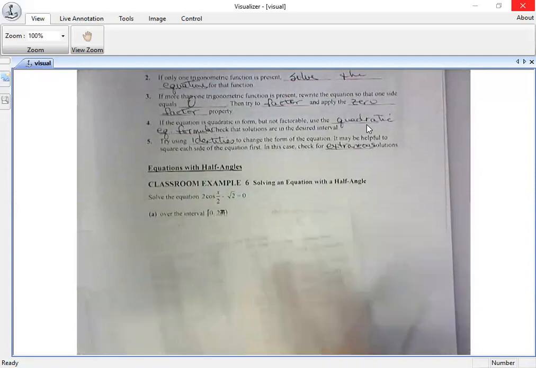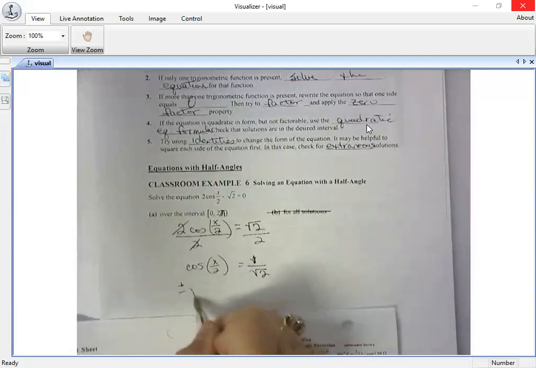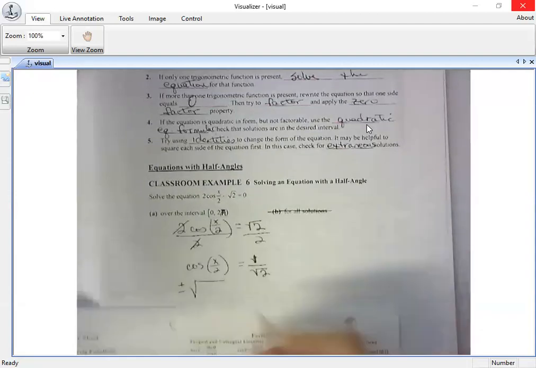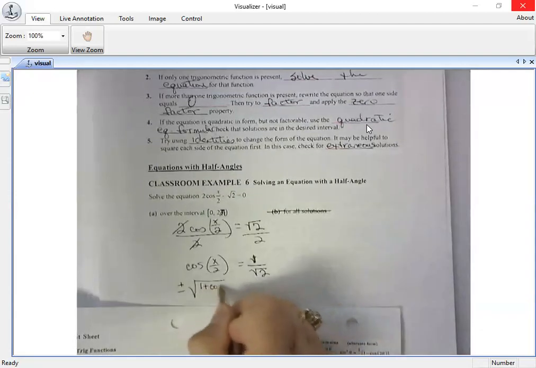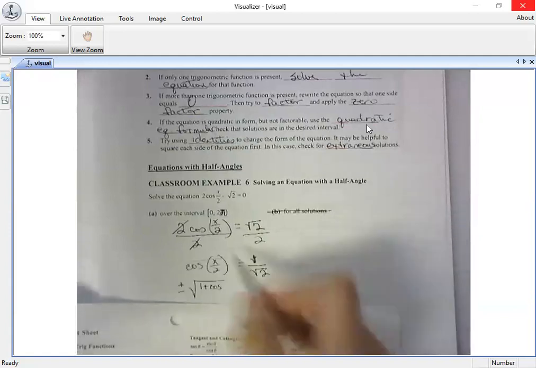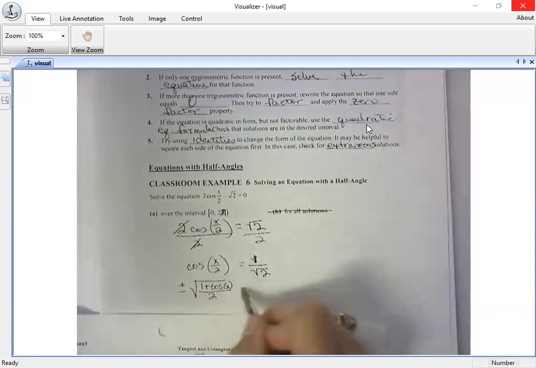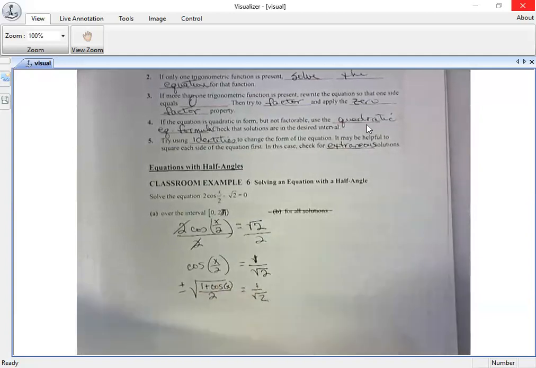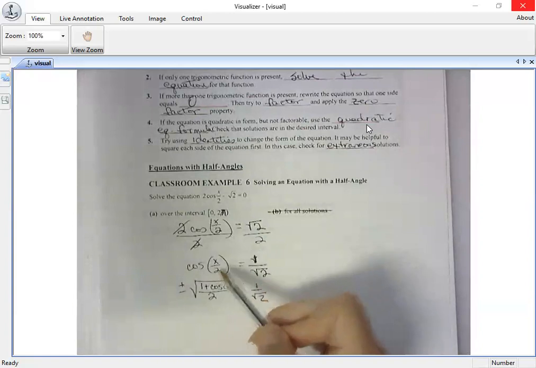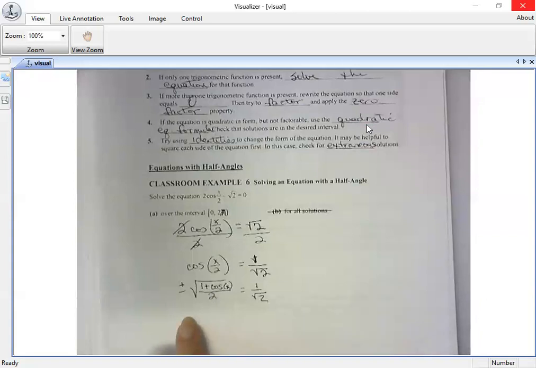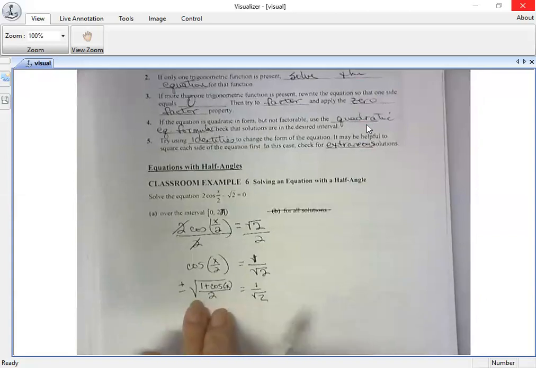I need plus or minus, and the square root of 1 plus the cosine of the angle, which is going to be x, and then I put that over 2. Does that make sense? So I started off like we did on the very first one. I'm isolating for the trig function, but then when I got it isolated, I realized I had to use that half angle identity. And so I have replaced it with this. Now, that's kind of messy.